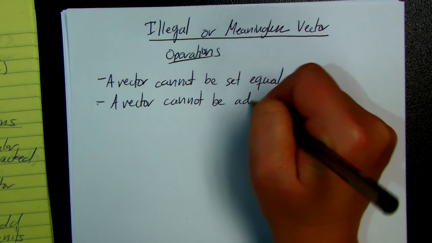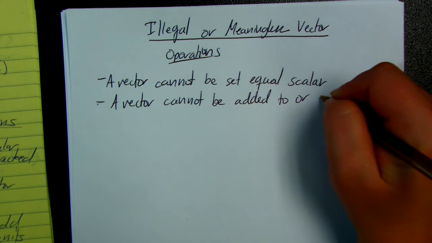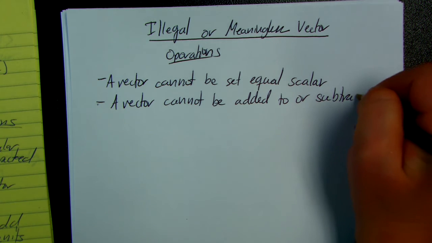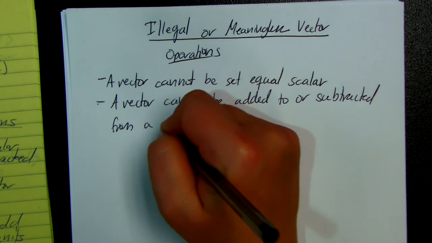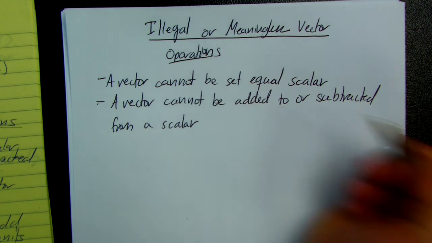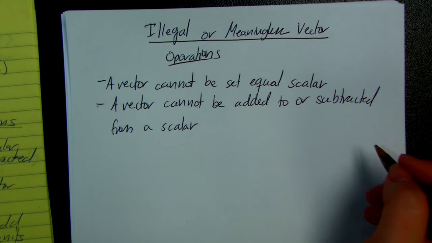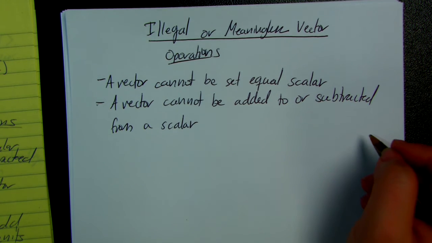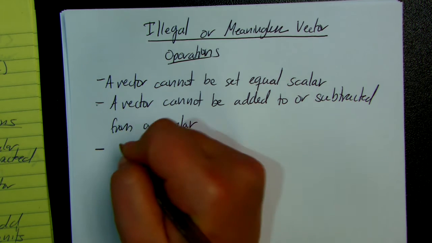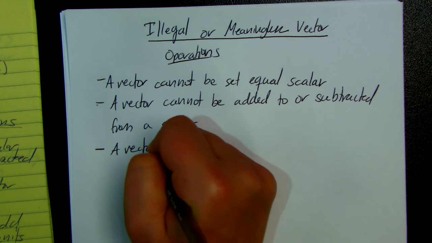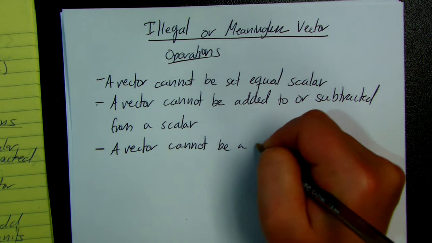A vector cannot be added to or subtracted from a scalar. That is also a meaningless operation, so you can't subtract temperature from velocity, which also makes physical sense.